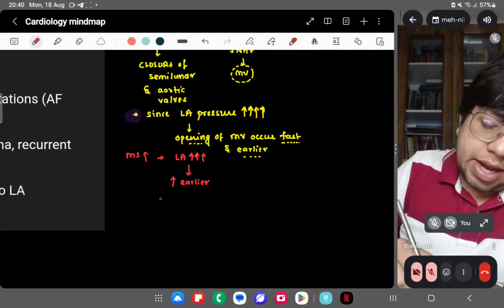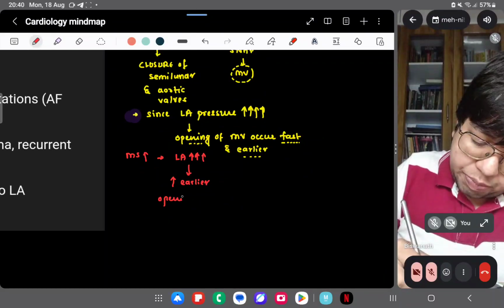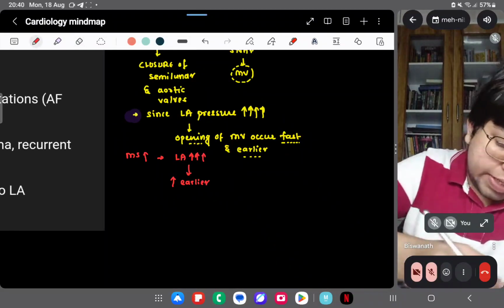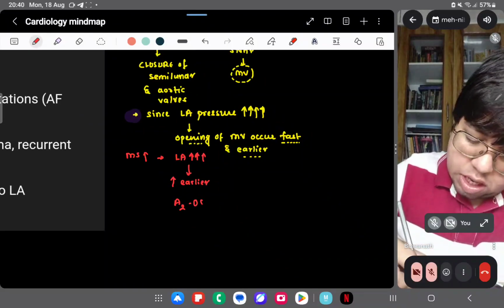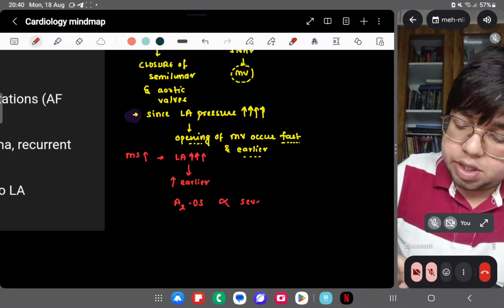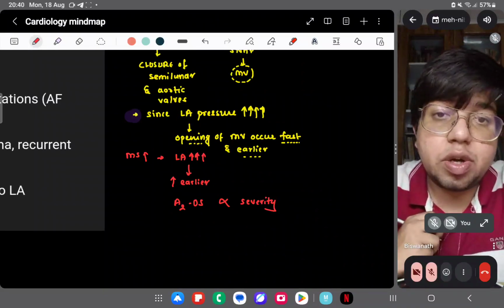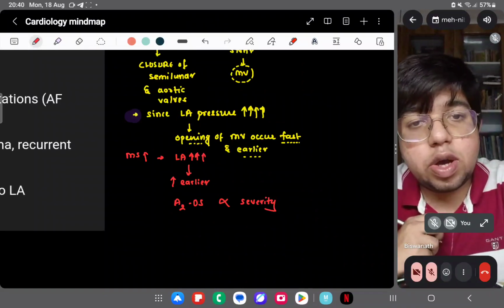So the A2OS interval is inversely related to the severity of MS.